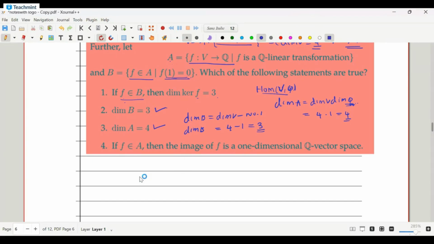f belongs to B. f belongs to B అంటే f is a linear function such that f of 1 equal to 0 sir.